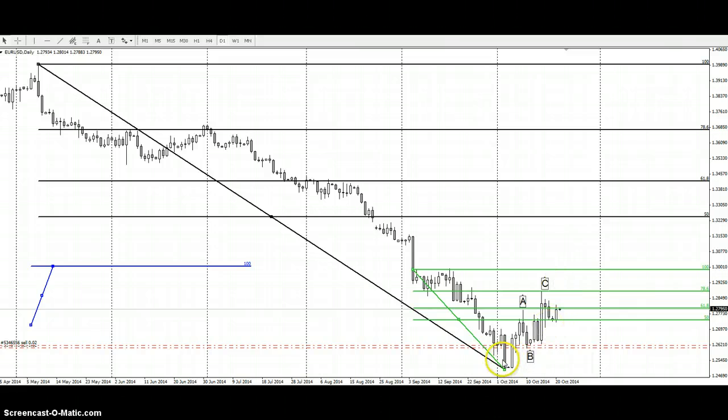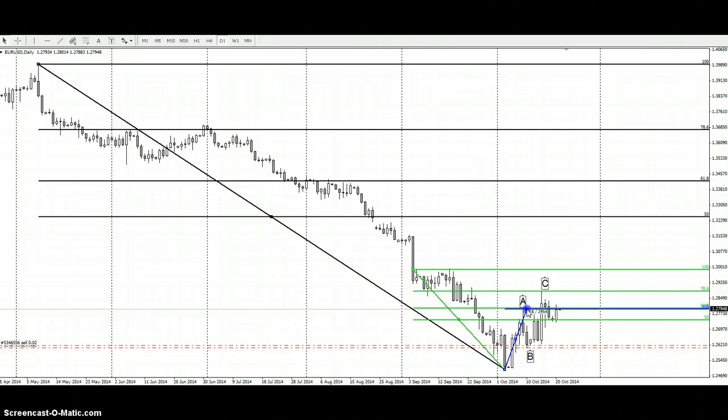So from the wave A to the wave B, we can actually determine where the point C could be potentially by doing a 100% Fibonacci retracement from the wave A, right here, 100%.